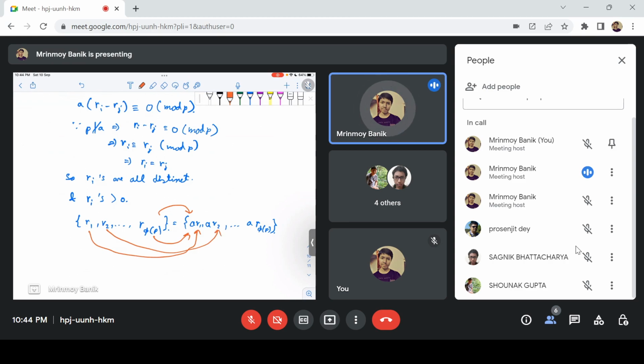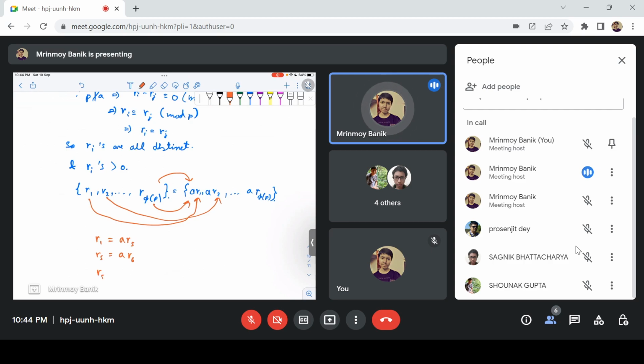They can be permuted in any order. For example, R1 can be equal to AR5, while R5 can be equal to AR6. Obviously, R5 can also be equal to AR1, but anything can happen.